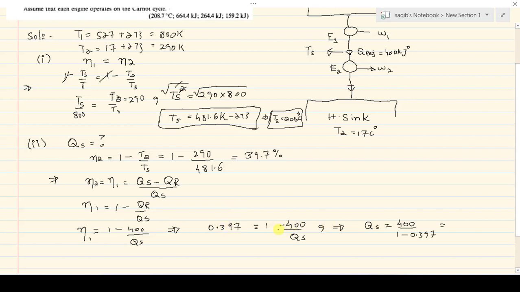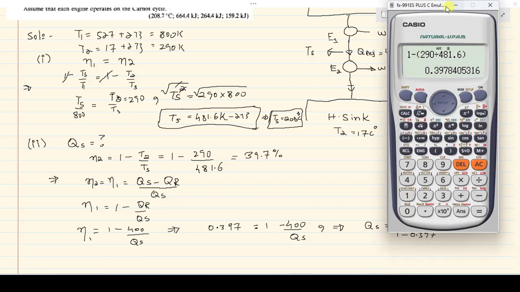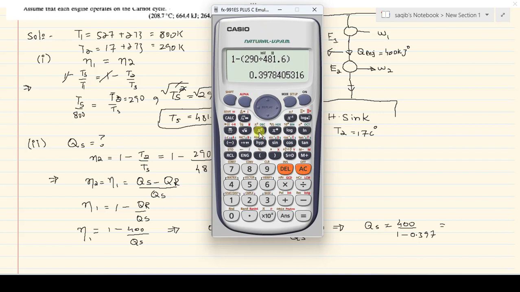After simplification you will get these equations, then using the calculator you will find the value. So 400 divided by, in brackets, 1 minus the answer, and then enter.